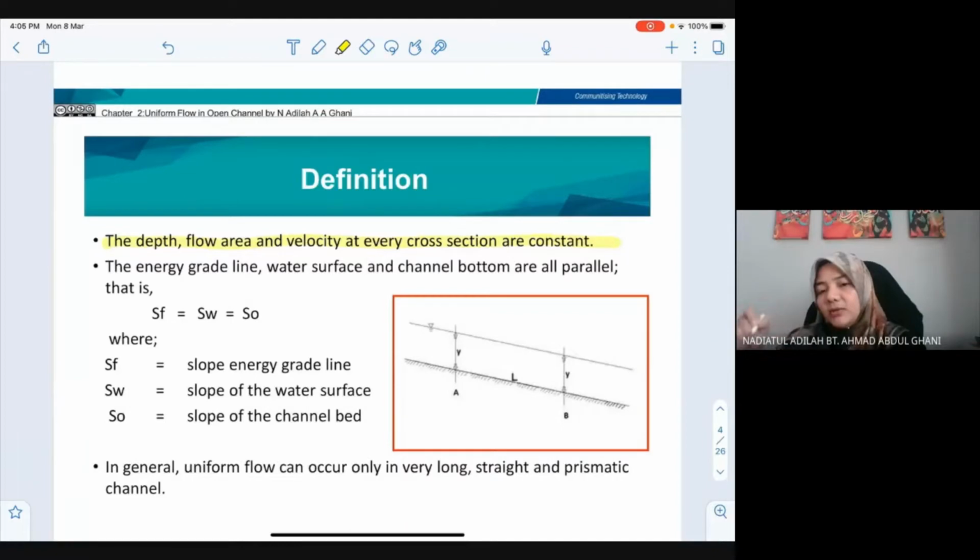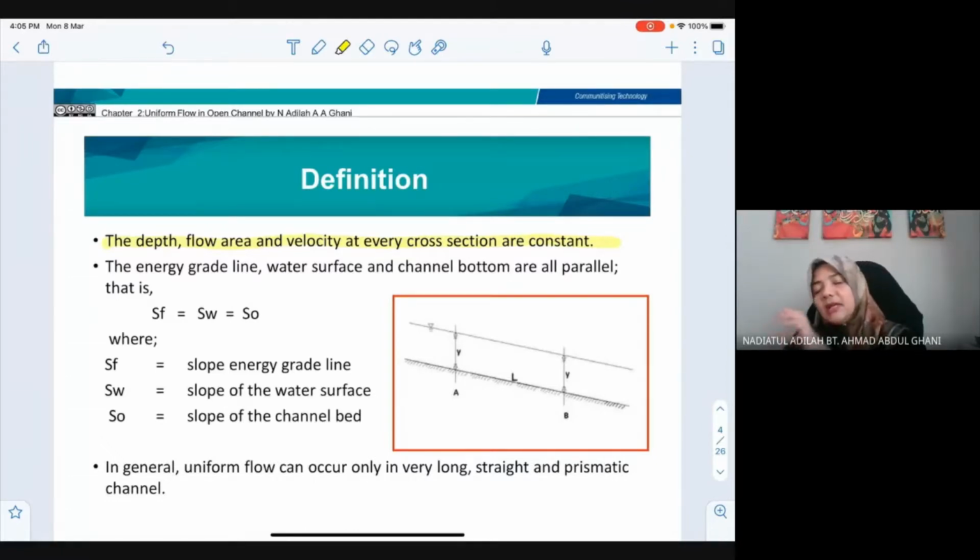Bila kedalaman air dekat every section itu adalah sama, maka flow area juga akan sama. So bila dia sama dan seragam or consistent, we call it uniform flow.